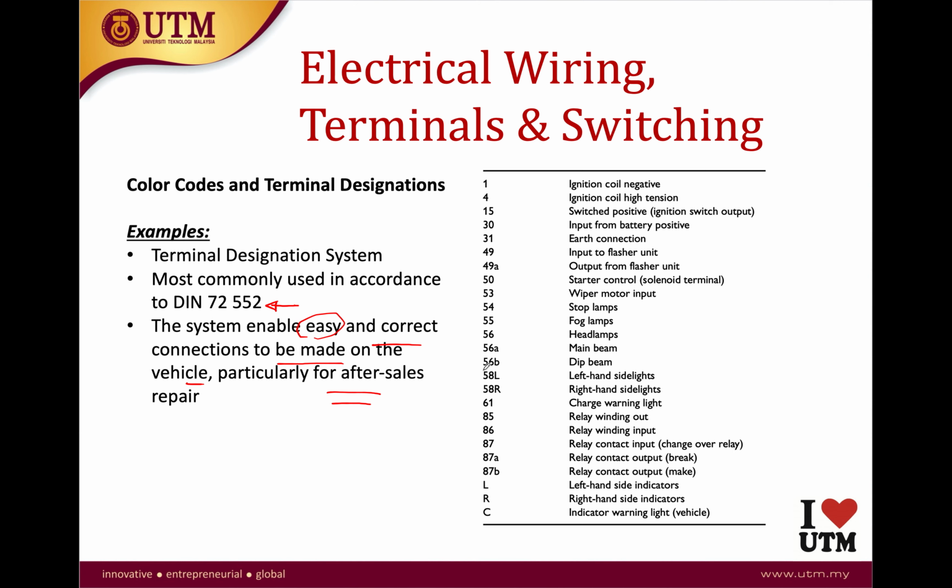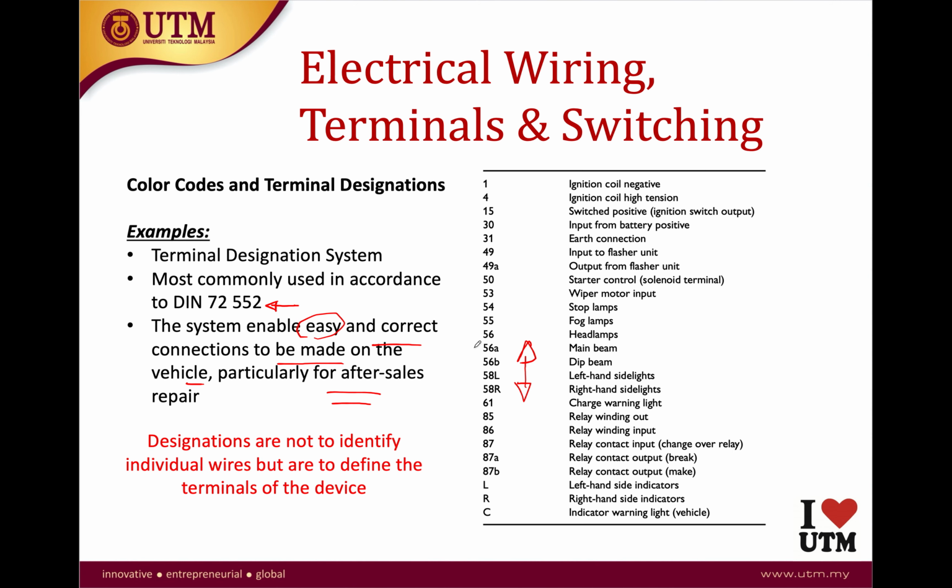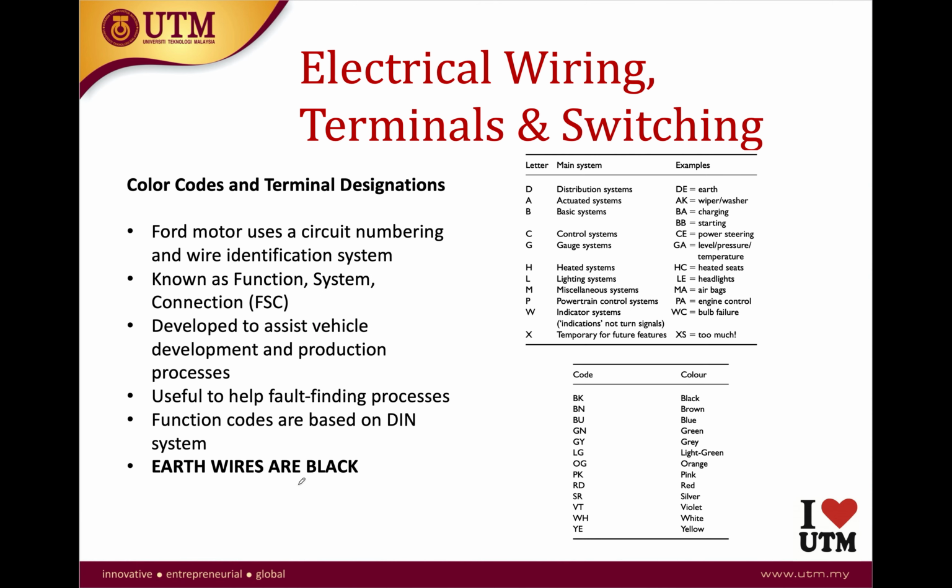Based on this, the mechanics will look at the color or the coding to know which wire is connected to what system. The designations are not to identify individual wires, but to define the terminals of the device itself. So that's the philosophy behind using the terminal designation system.